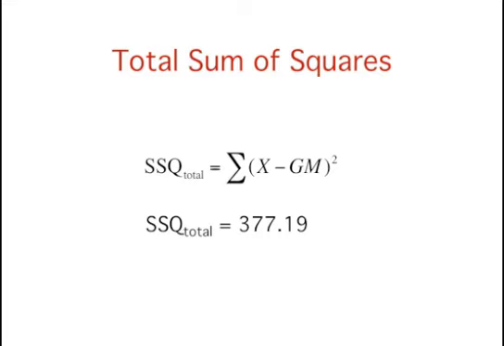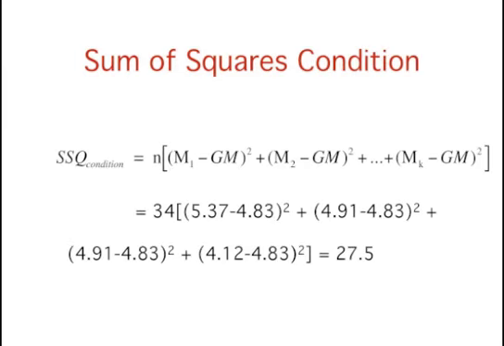This formula says to take each score, subtract the grand mean from it, square the difference, and then sum up these squared values. For the smiles and leniency study, SSQ total equals 377.19. The formula for the sum of squares condition is shown here.